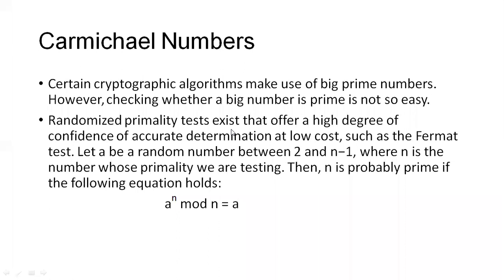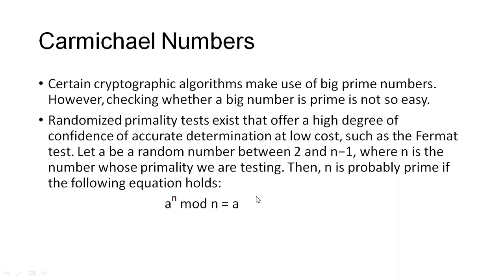Let a be a random number between 2 and n minus 1, where n is the number whose primality we are testing. We are testing whether any number is prime or not. Then n is probably prime if the following equation holds: a raised to n mod n is equal to a.